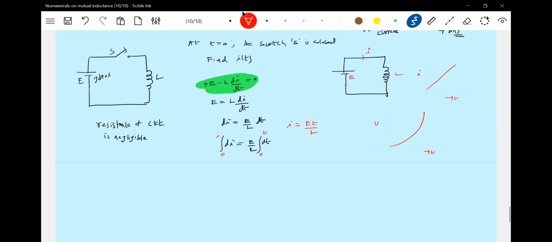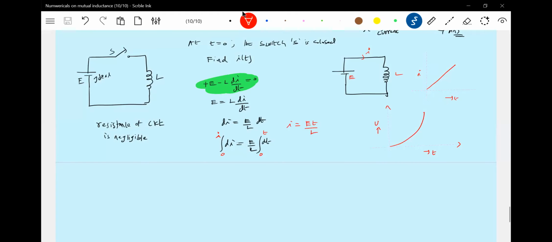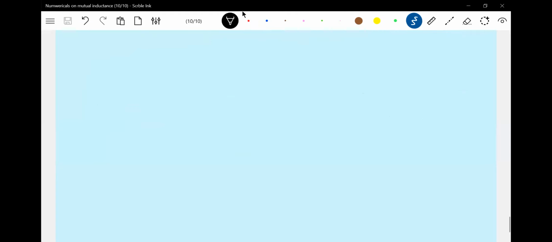So you may expect a graph of this kind. One more small problem.